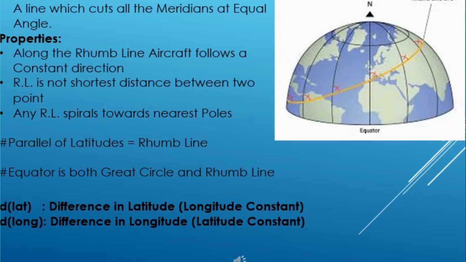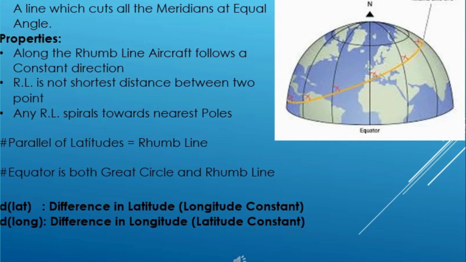So if there is a Rhumb line in the north hemisphere, it will spiral to the north pole, and if it is in the south hemisphere, it will spiral to the south pole. Any parallel of latitude is a Rhumb line, and only the equator is both a great circle and a Rhumb line.